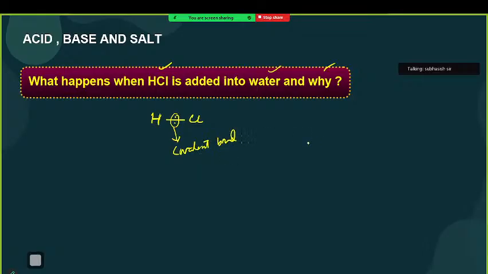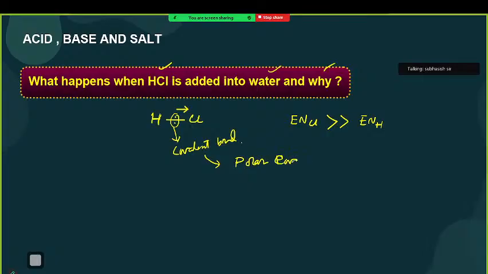But because the electronegativity of chlorine is much greater than that of hydrogen, the bonded electron pair is attracted towards the chlorine atom. So this type of covalent bond is known as a polar covalent bond.